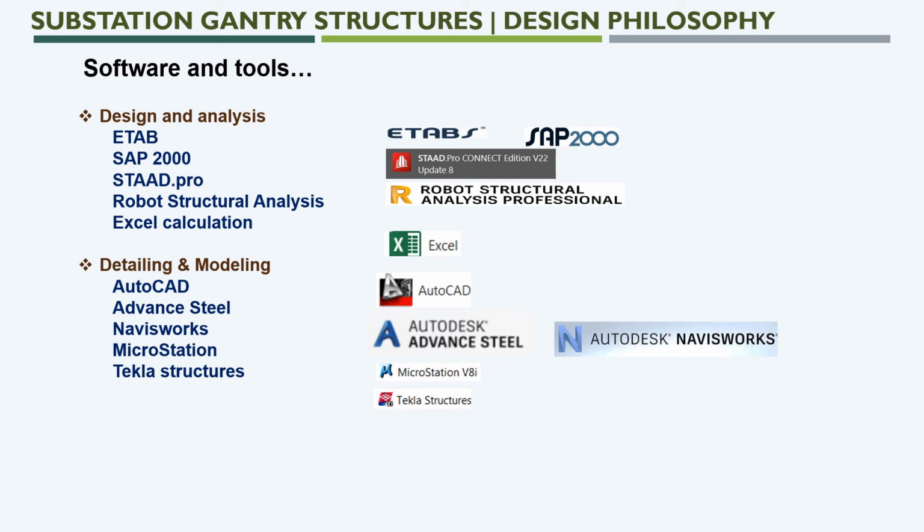It is possible to generate GA drawings and shop drawings in Advanced Steel and Tekla Structures, also the 3D drawings. Advanced Steel and Tekla Structures also provide the bill of quantity, automated bill of quantity.